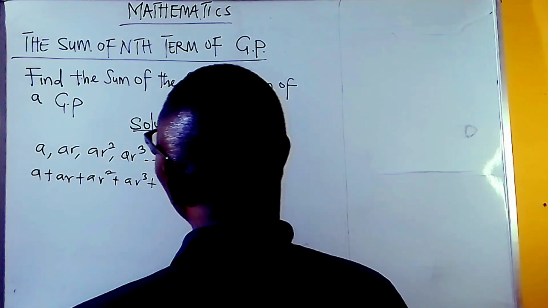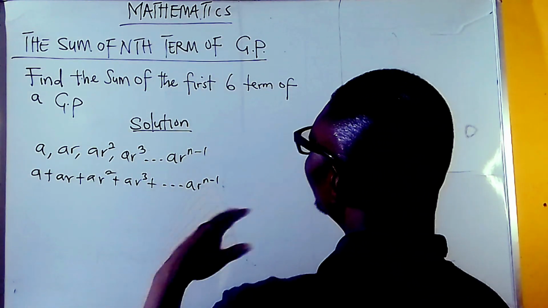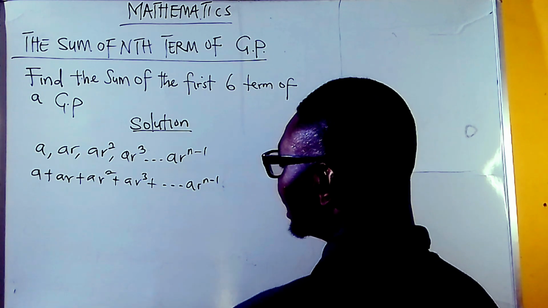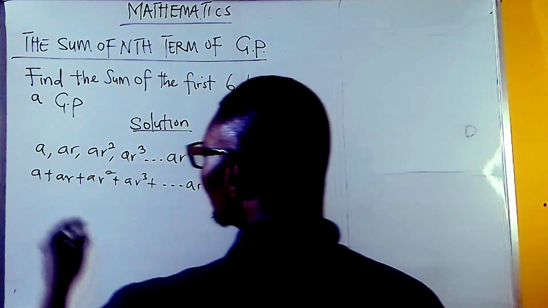Now, to find the sum of the terms of a GP, we are going to do this.